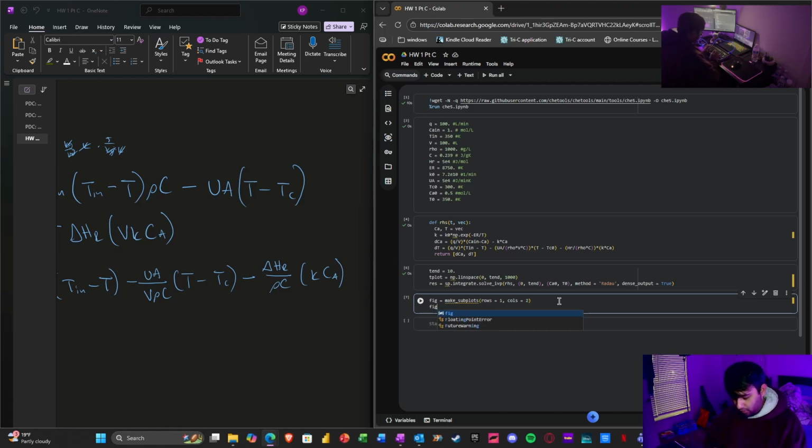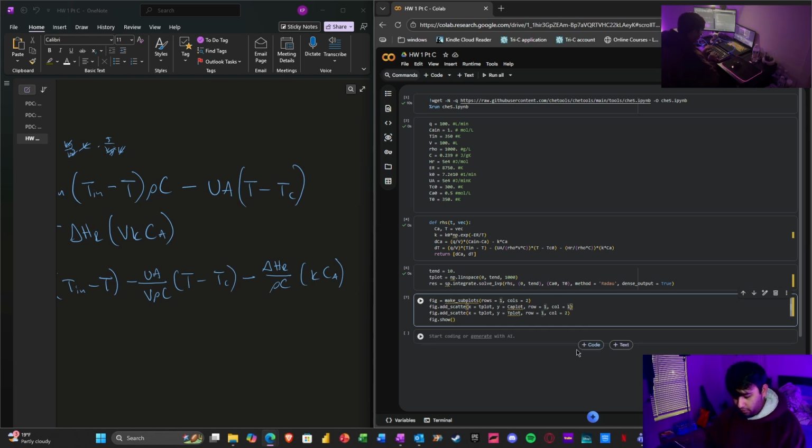And then fig.add_scatter, and so x equals t plot, y equals CA plot, and then we have row equals 1, col equals 1, and then for the second, row equals 1, col equals 2.